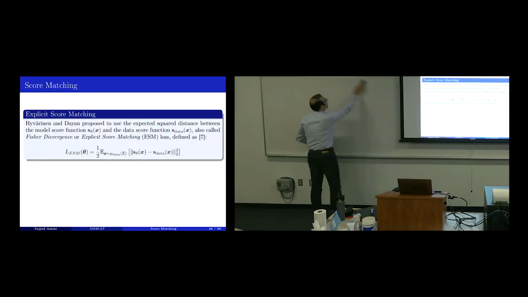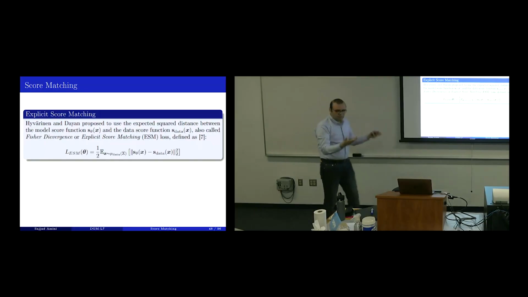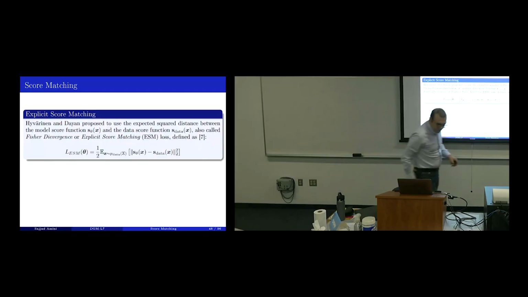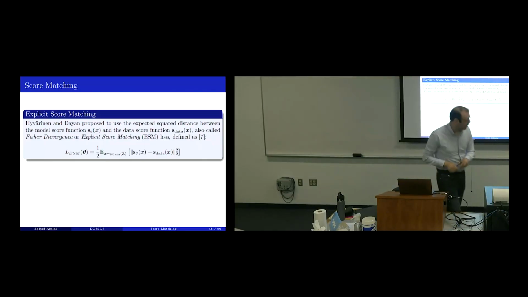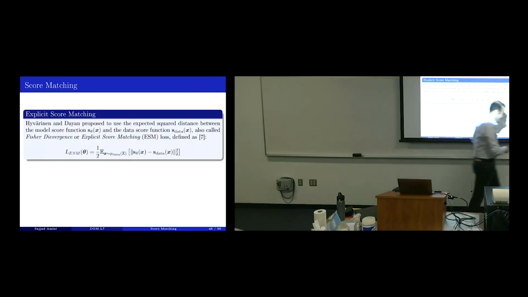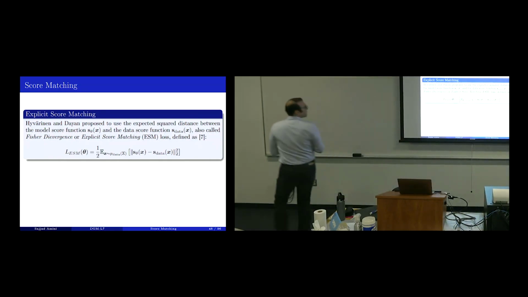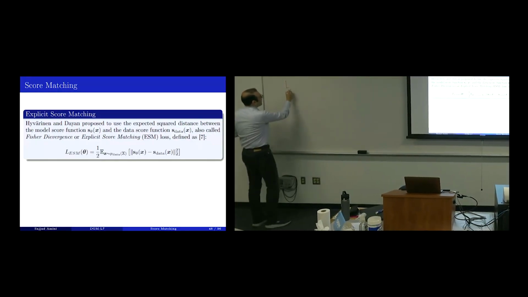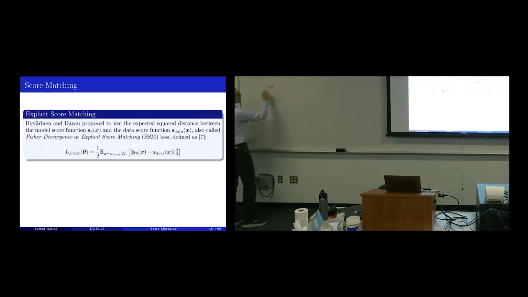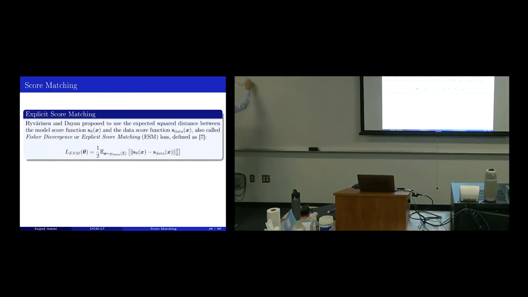The explicit score matching is where you naively compare the score functions of the model and the data, okay? Let me write it here. L of explicit score matching of theta.